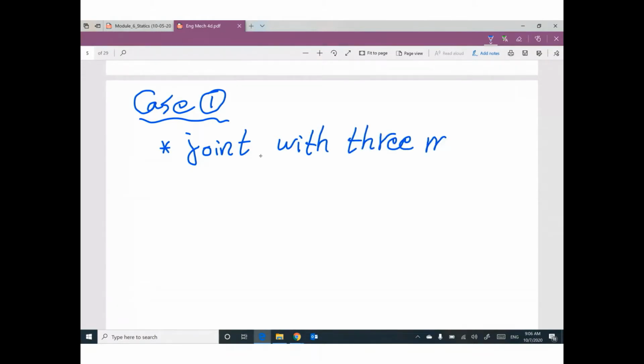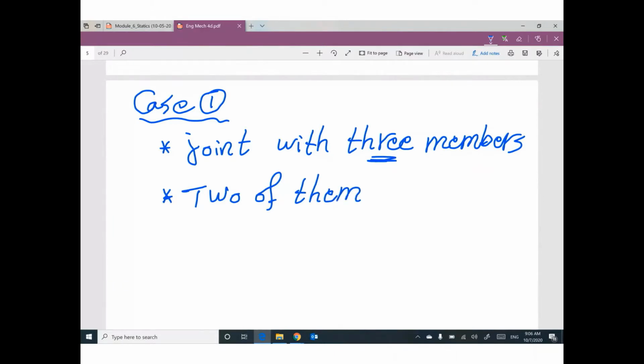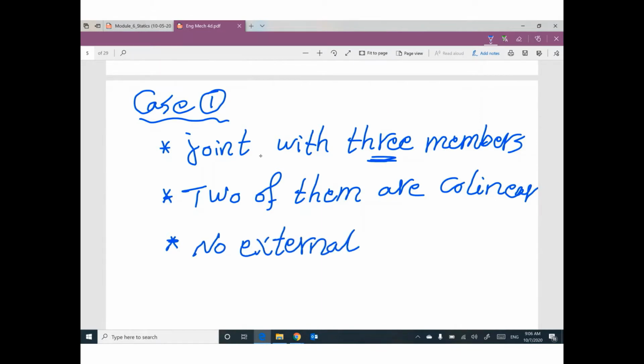Your joint must have 3 members only. Second, 2 of these 3 members are collinear. The third condition, no external force or forces at this joint.